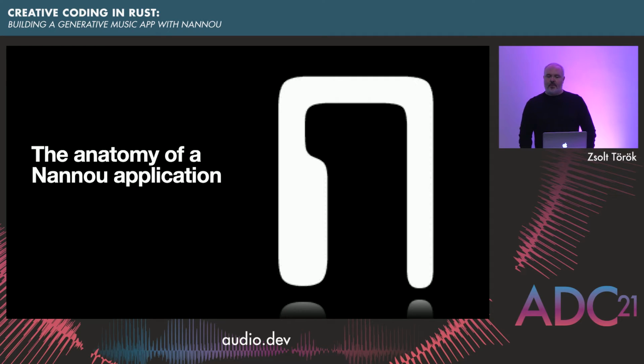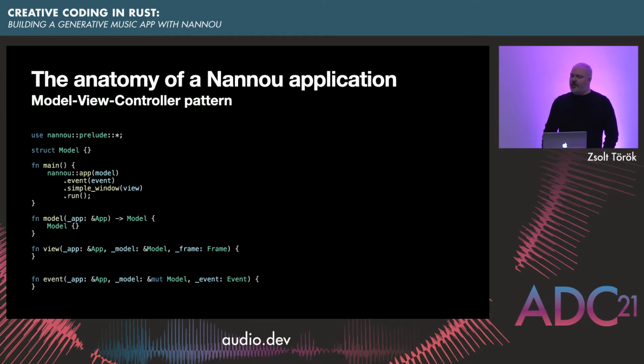Now, let's see what a Nannou application looks like. This here is the minimum viable Nannou app. This compiles, this runs, it doesn't do anything terribly exciting. It opens the window. But I think it's a good way to start familiarizing ourselves with the overall structure of things.